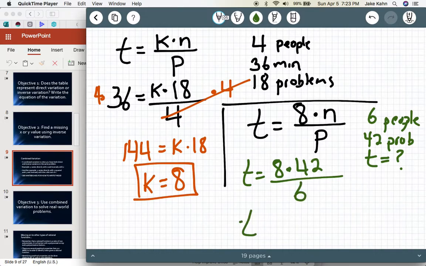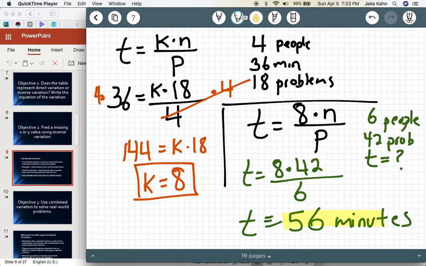Plug that into your calculator. 8 times 42 divided by 6 gives me 56 minutes. It'll take 6 people 56 minutes to solve 42 problems.